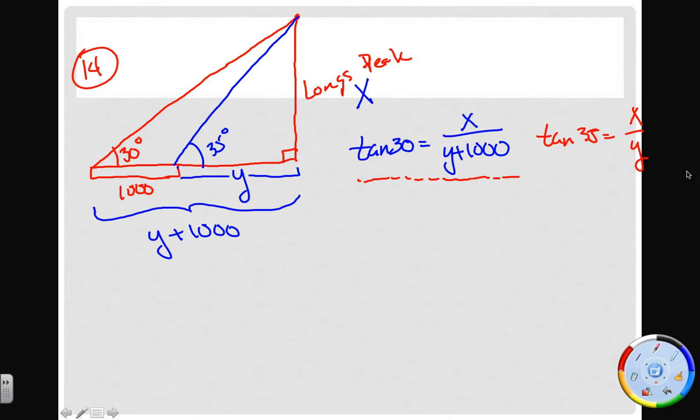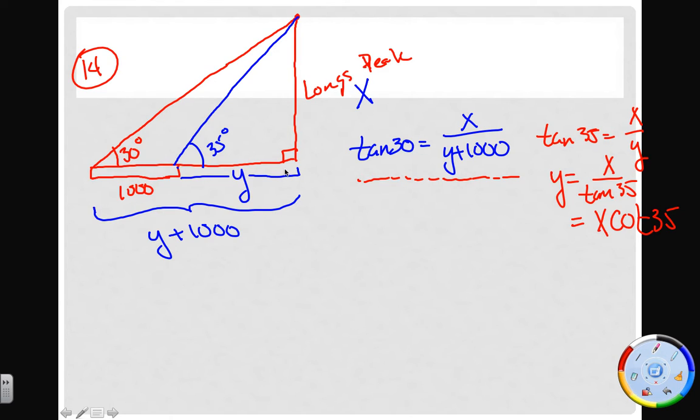I have a second equation that has a comparison of these two variables. So I can say, if I multiplied by y and divided by tangent, I would get y is equal to x over tangent 35, which you could actually rewrite as x cotangent 35. Might be helpful here.